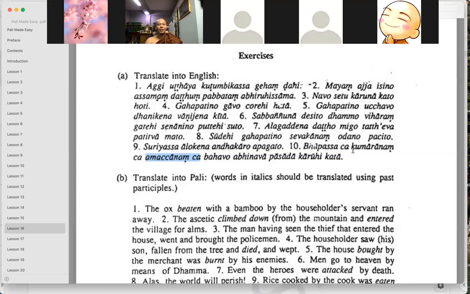Bante, can I make a proposal or suggestion? Can Bante kindly create a WhatsApp group for us, only for Pali, so that we students can have discussion, sharing of these Pali lessons, or revision.